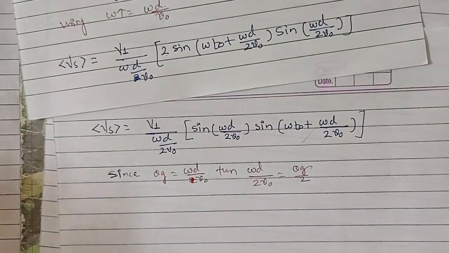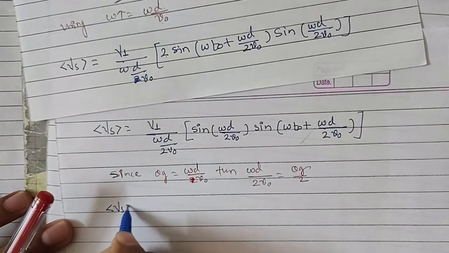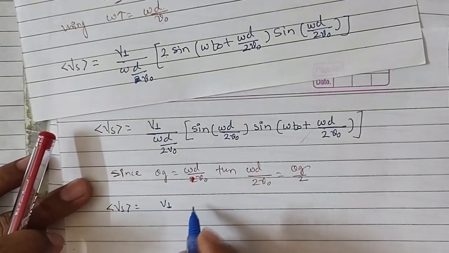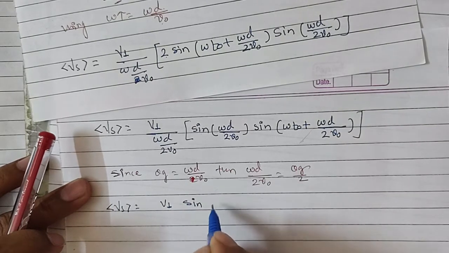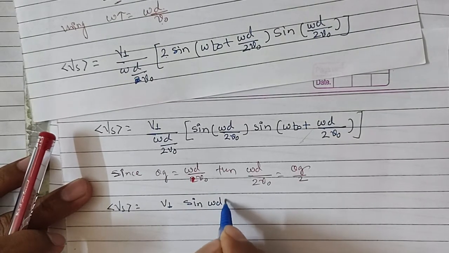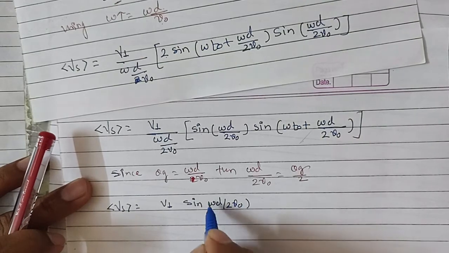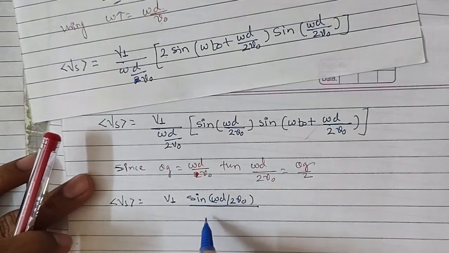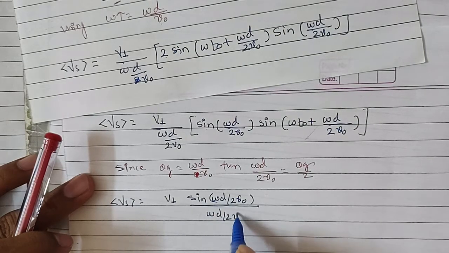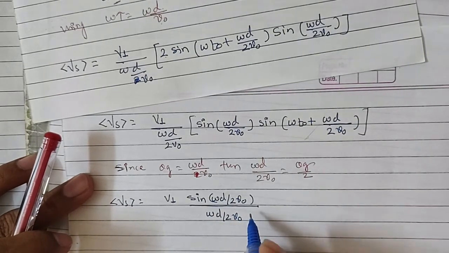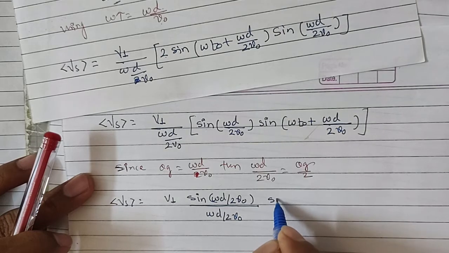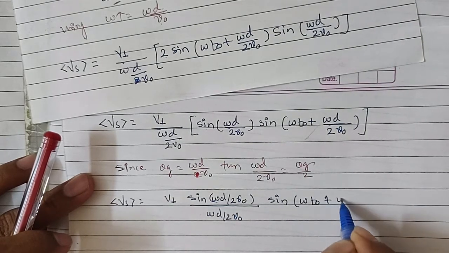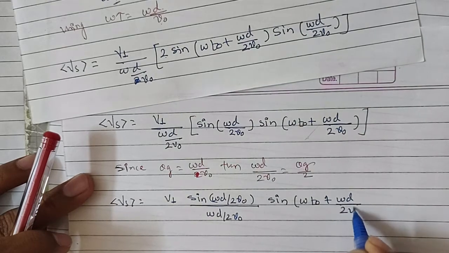Therefore our Vs becomes V1 sine omega d by 2 V0 divided by omega d by 2 V0, into sine omega t0 plus omega d by 2 V0.